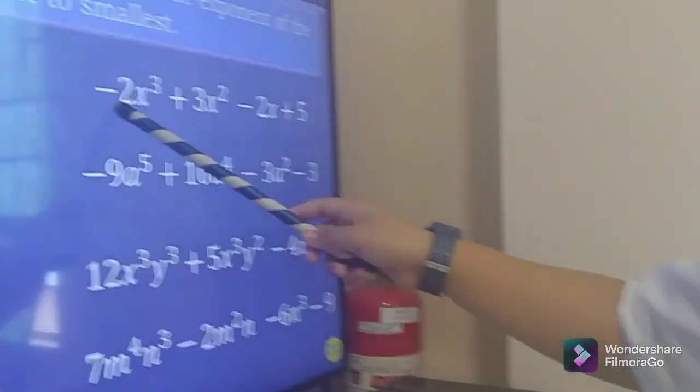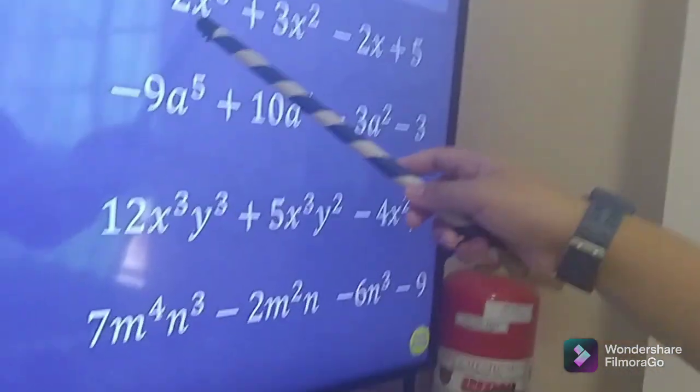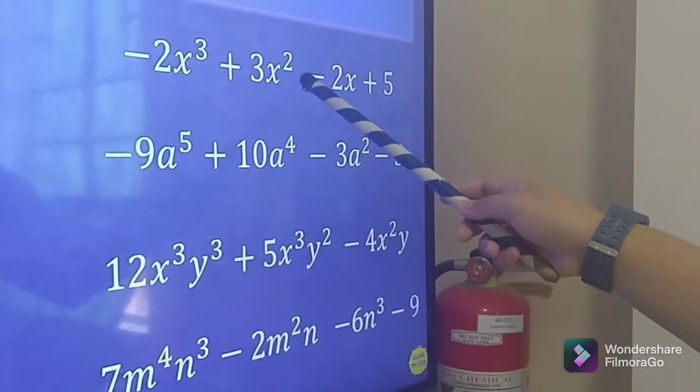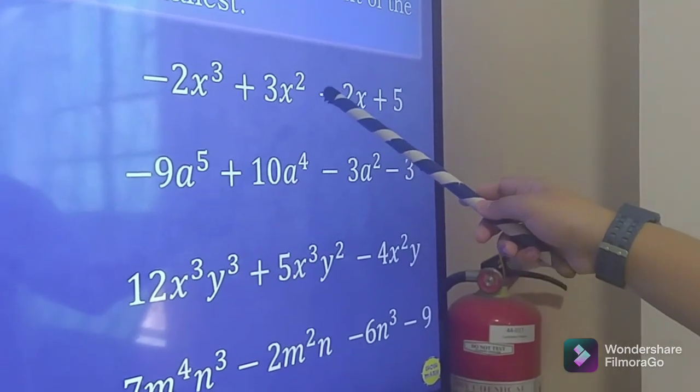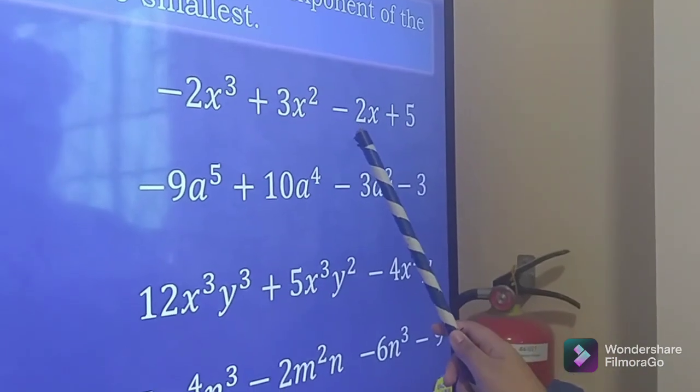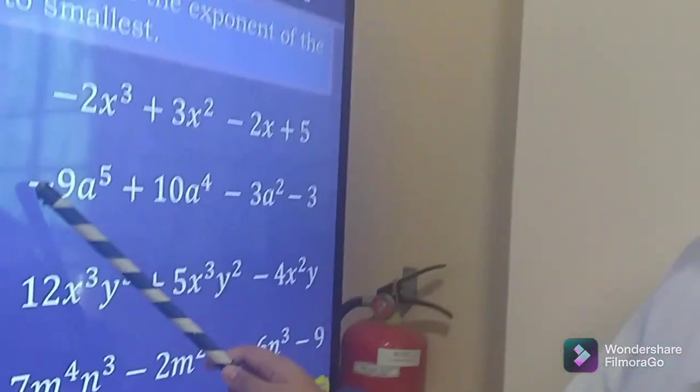So the answers will be: negative 2x to the third power plus 3x squared minus 2x plus 5.